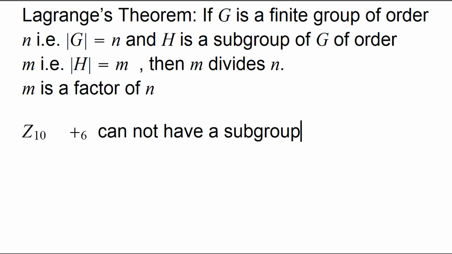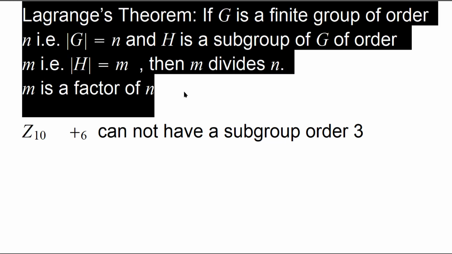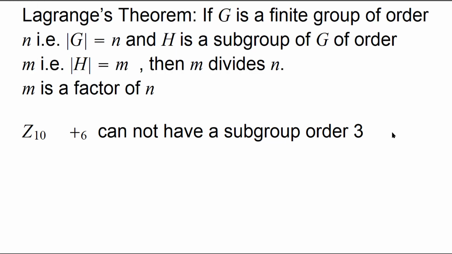For this particular group, if you take any factor of 10, that is 2 or 5, you will have subgroups of those orders. But the converse of Lagrange's theorem may not always necessarily be true.